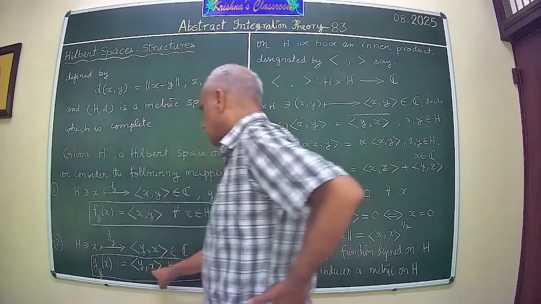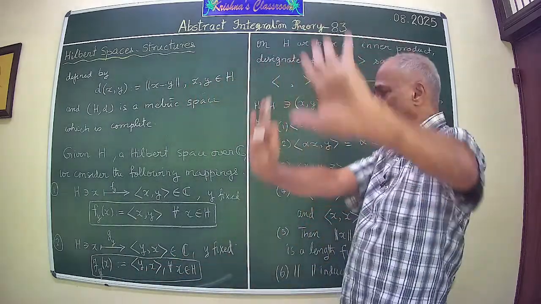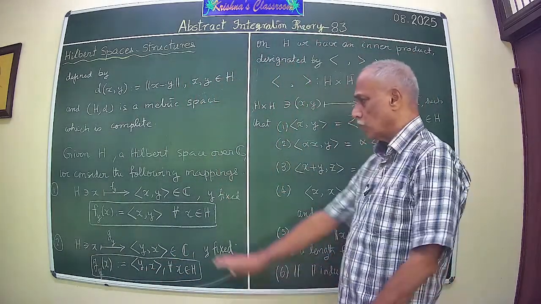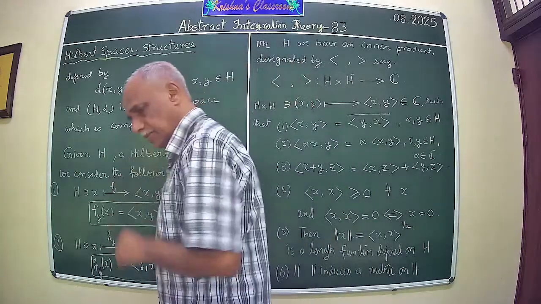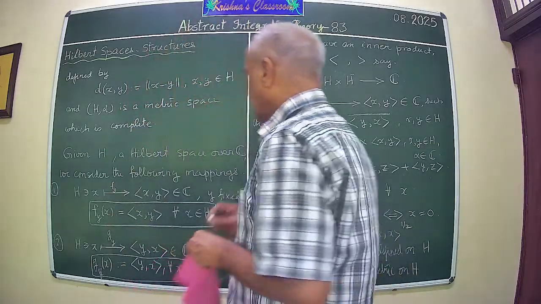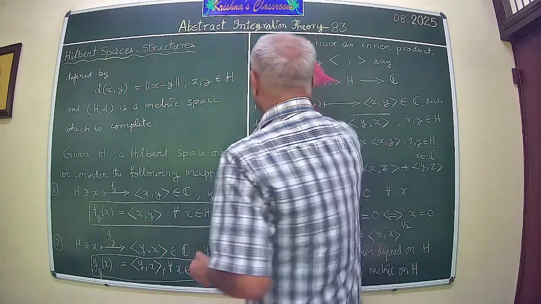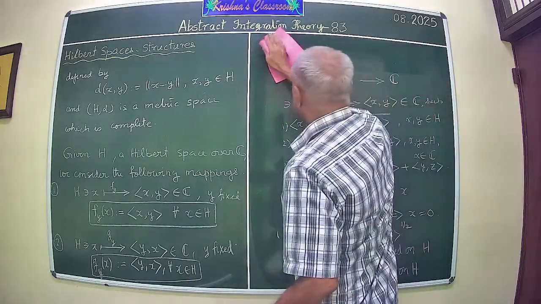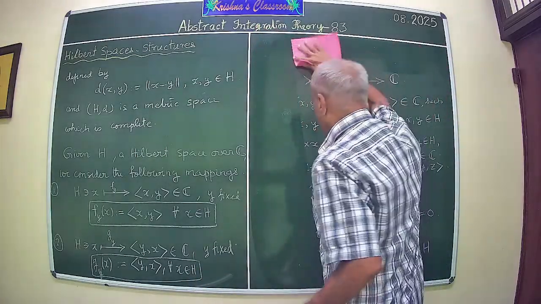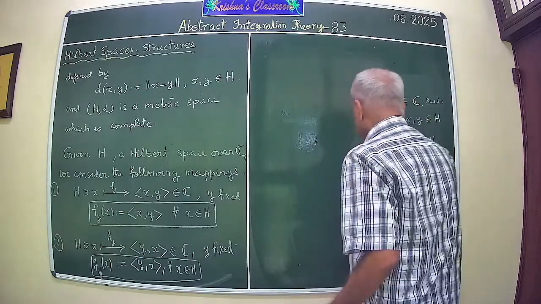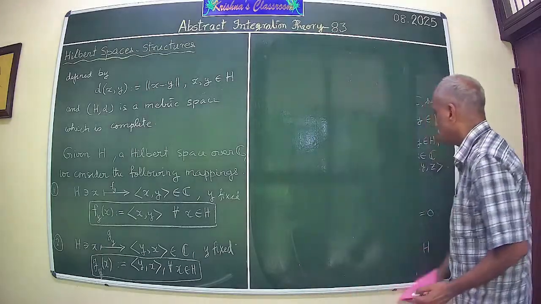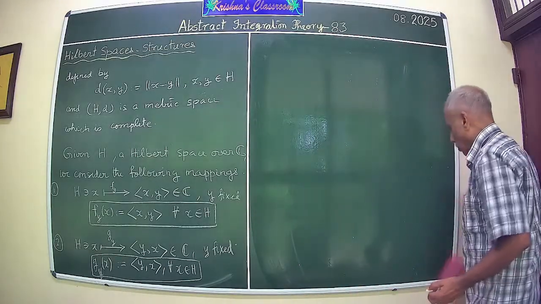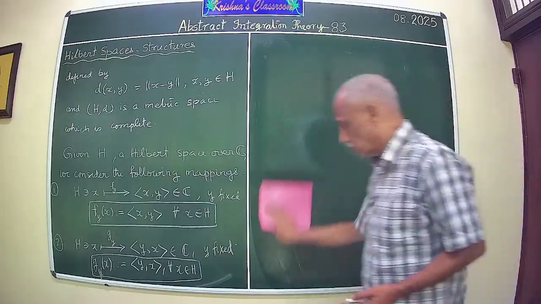You see that this is an element of C. Therefore, it's a map from H to C. So there are two maps from H to C. Now we also consider a third map on H, namely the norm.